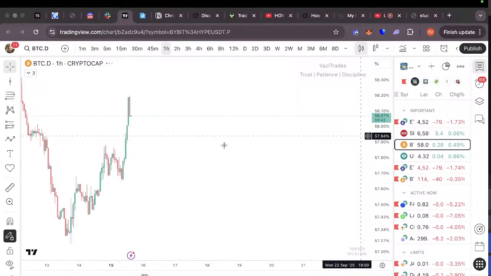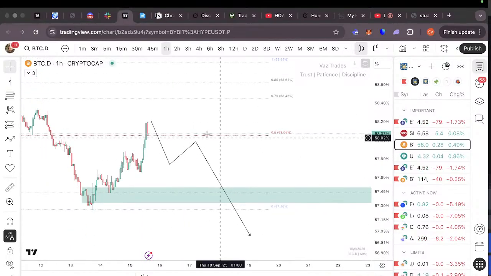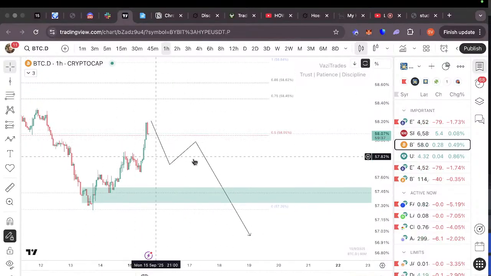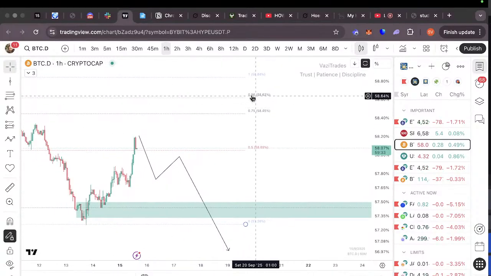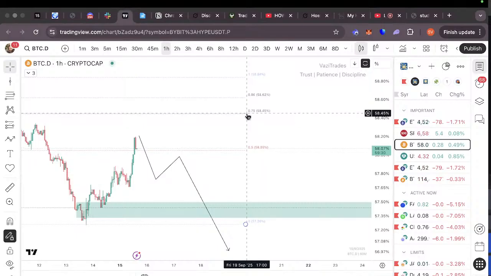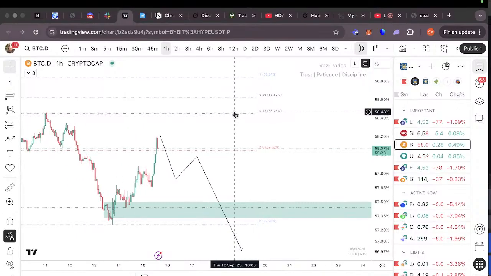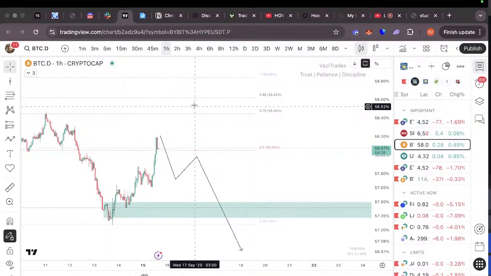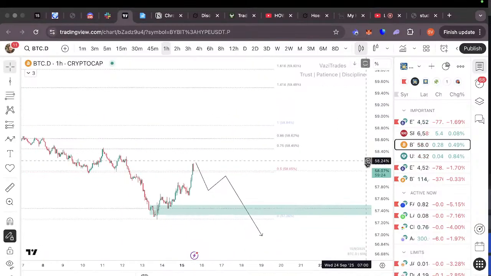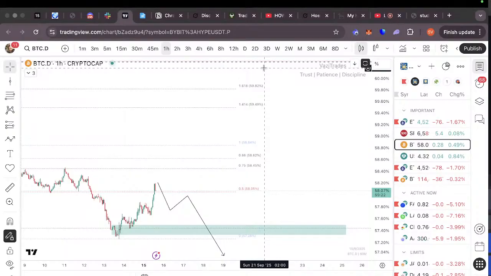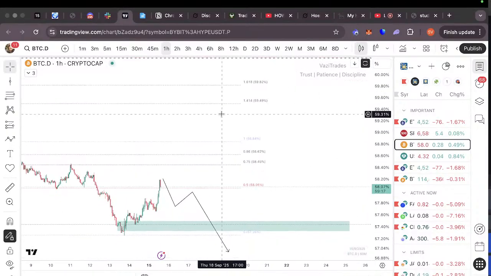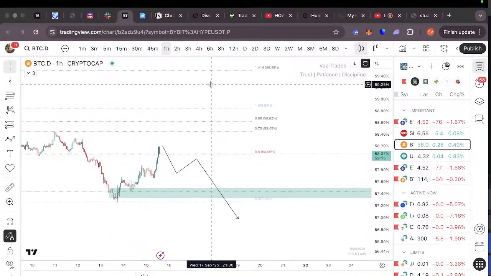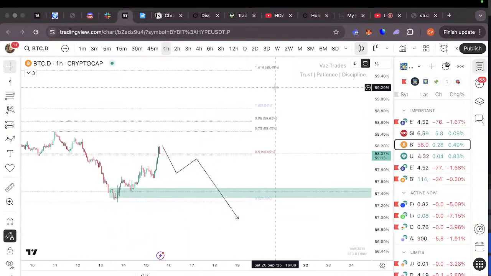Otherwise, if Bitcoin dominance is holding this zone and giving us a breakout above 0.75 or 58.45%, then expect a crazy move towards these targets that you can see on the chart, or these daily, weekly strong resistance zones. Okay, so this is how we make a plan.